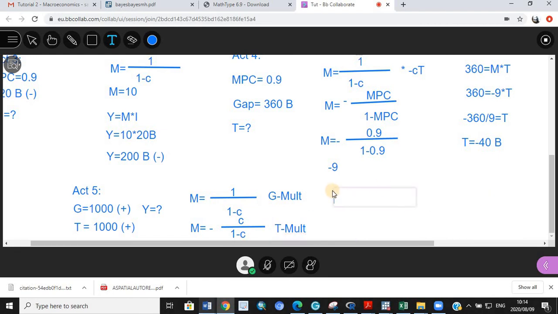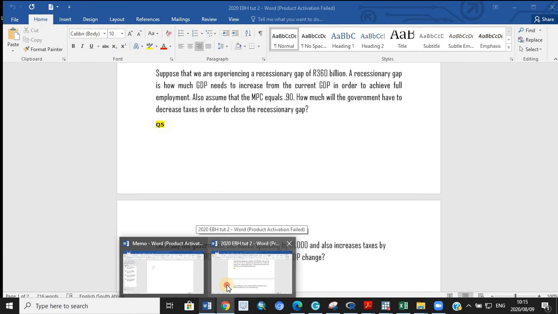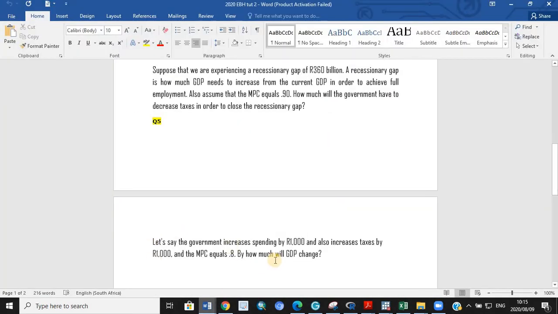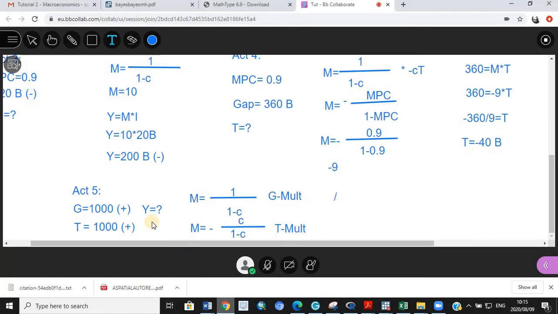Good. So this is going to be 1 divided by 1 minus, in this case, 0.8.